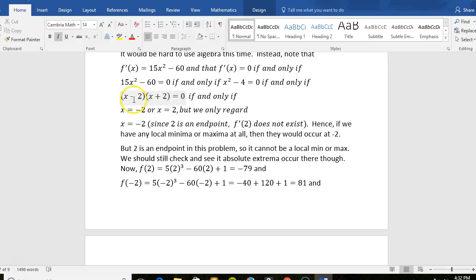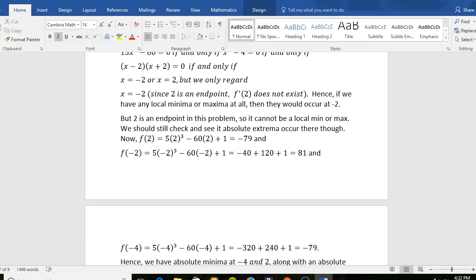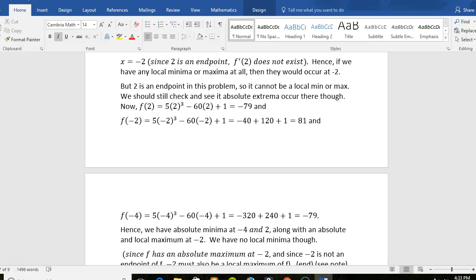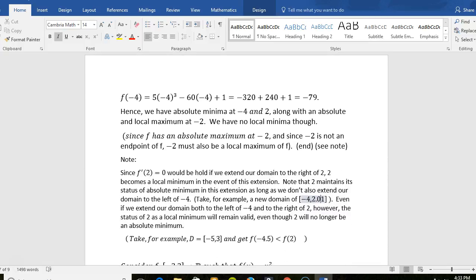Let's see what happens. The first derivative, if you go further out to the right than 2, f prime is positive, you're going to be increasing from now on. f prime will stay positive, so f itself has nowhere to go but up. So, yep, you're good to go.